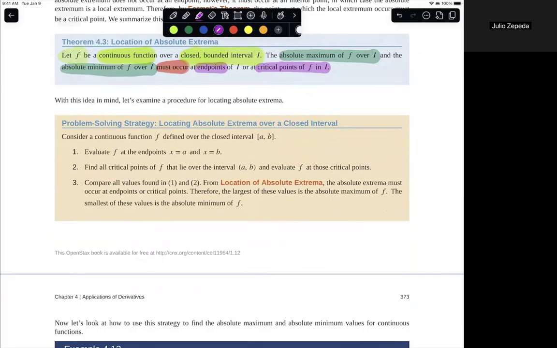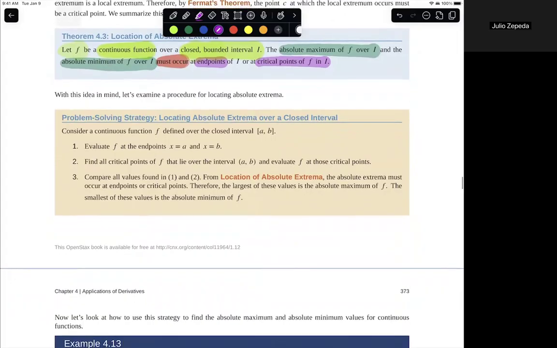So then we're given a problem-solving strategy here. This theorem guarantees us that the absolute extrema will be located at the endpoints or at the critical points. So to solve these kinds of problems, we evaluate the function f at the endpoints of the interval from A to B, so x equals A and x equals B. Then we find the critical points of f and evaluate f at those critical points.